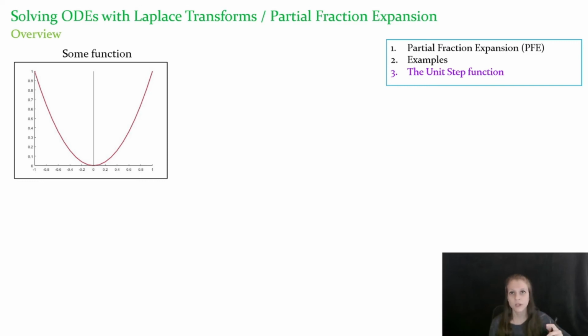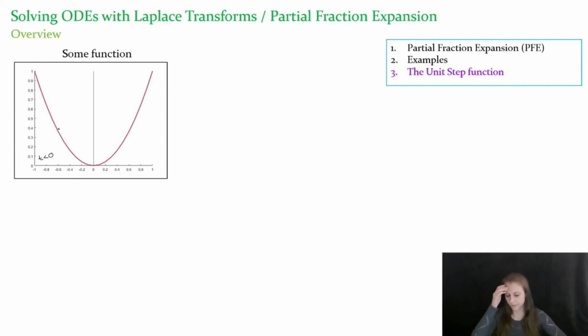When I took this class, we always used one-sided Laplace transforms, and that is very important because once you obtain your output expression, you need to multiply by the unit step, and here's why. So let's say we have some function, and let's say the horizontal axis represents time. So for t less than 0, we have some values other than 0.